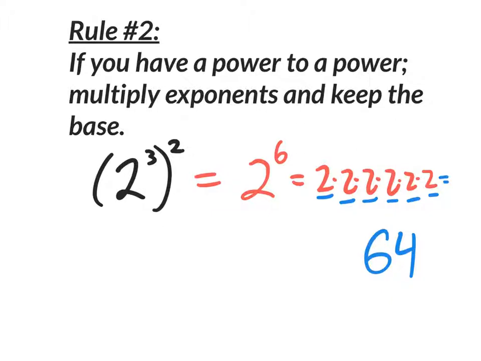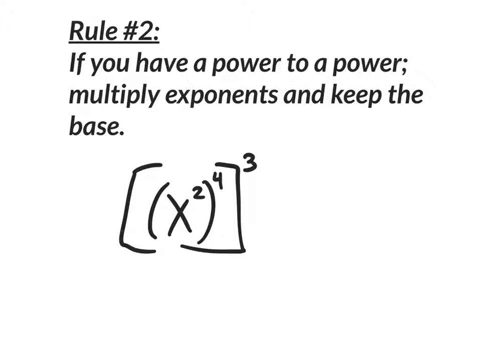Let's keep going. Another example. How about that? You have a power to a power to a power. You have x to the second, to the fourth, to the third. So what is your final answer? X to the 24th power. Can't just say 24, that'd be incorrect, right? This is actually x to the 24th power.